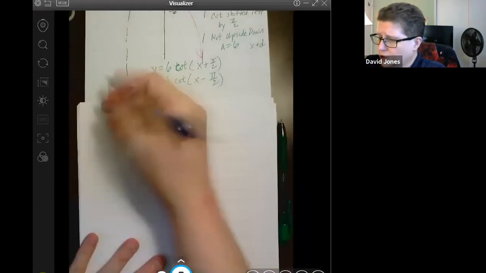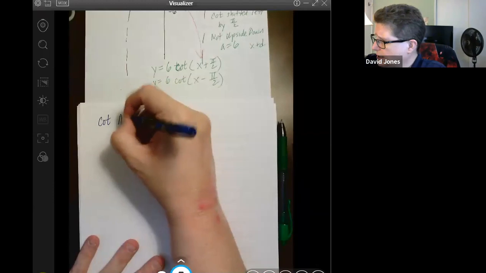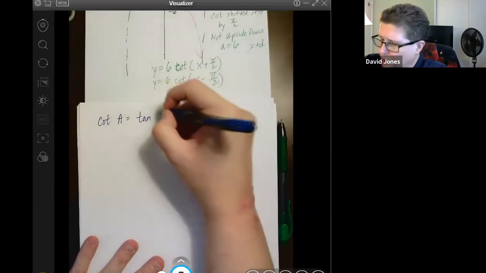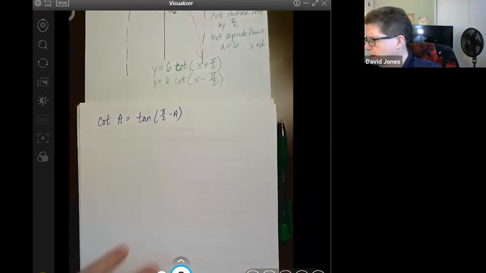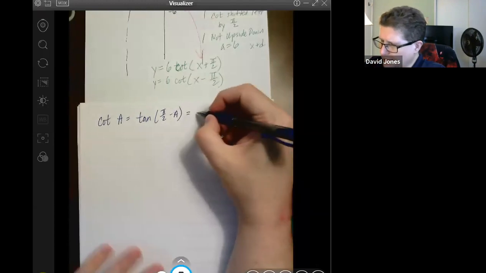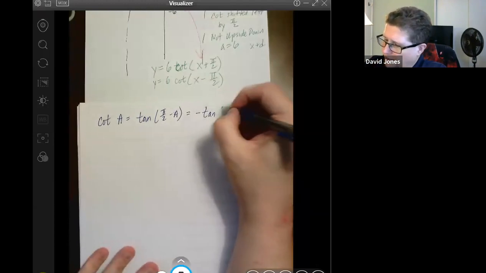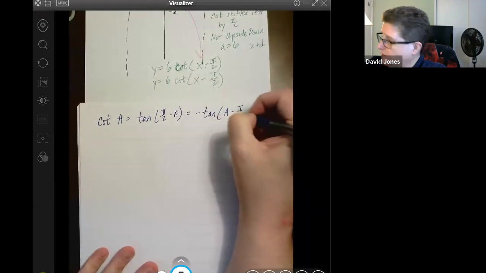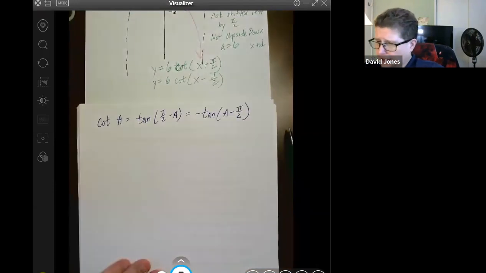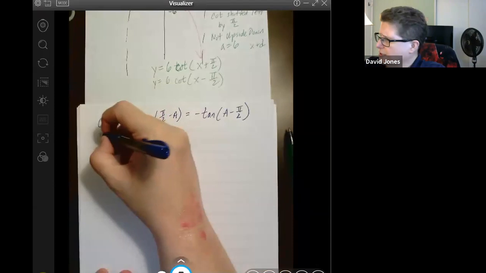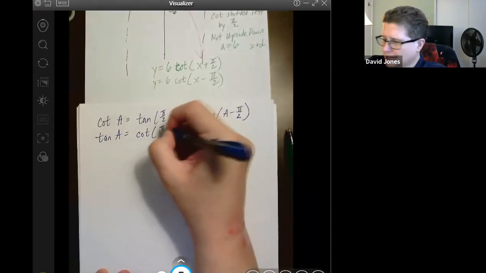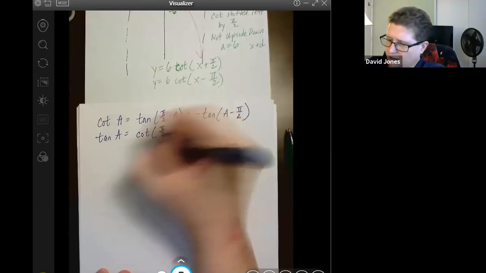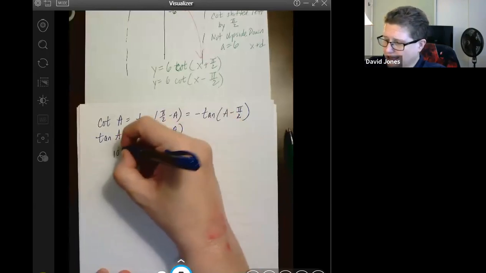We had cotangent of A equal tangent of pi over 2 minus A. And this is the same thing as negative tangent of A minus pi over 2, because the graph just flips over. Same thing here, I could do tangent A equals cotangent of pi over 2 minus A. These are our identities.